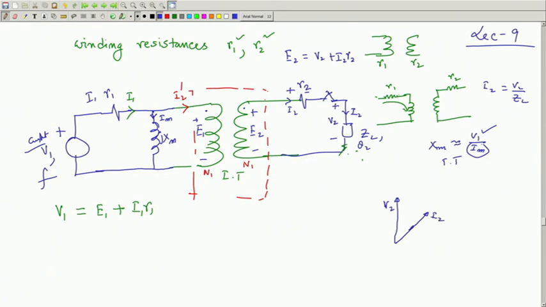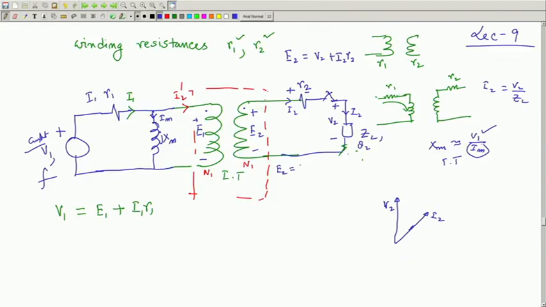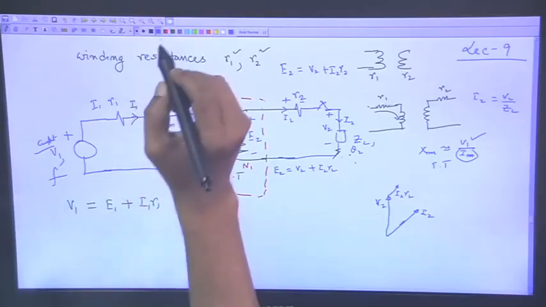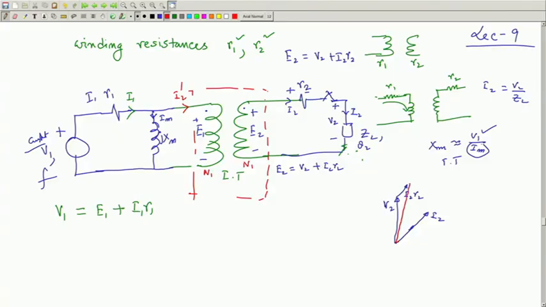The moment you know I2, you can find out E2, because E2 is V2 plus this drop, so V2 plus I2 times the impedance of winding 2, you draw. These lengths are small, and then you get this length to be E2. I am simply repeating, because for the first time you are doing this.